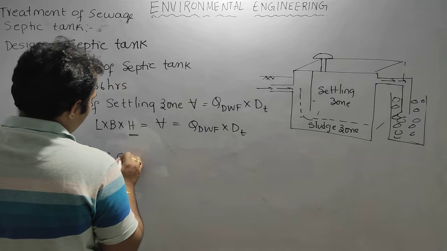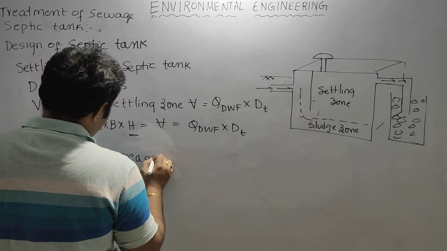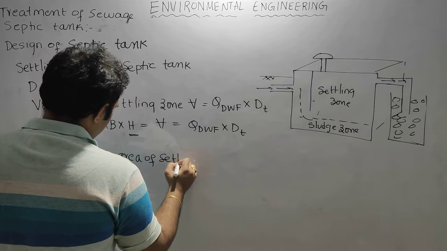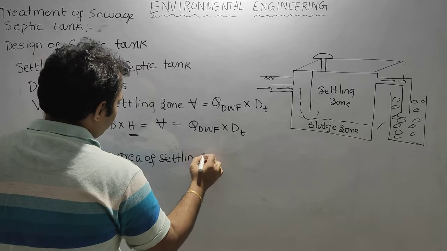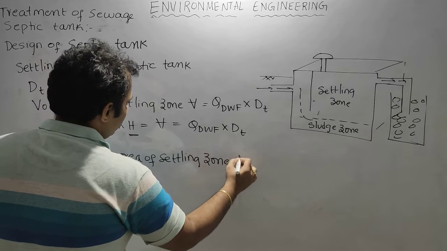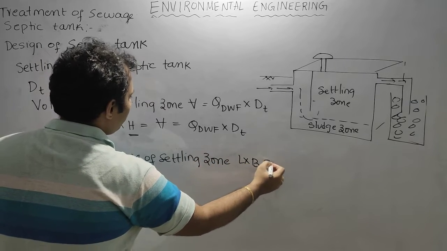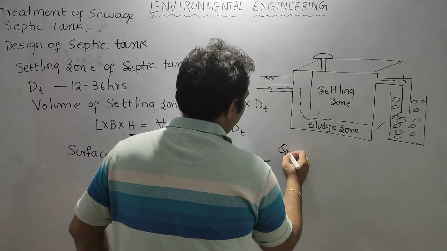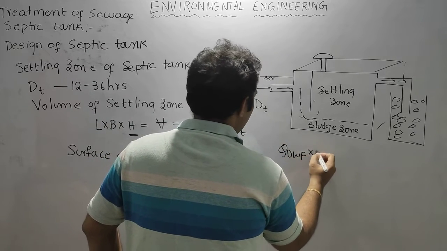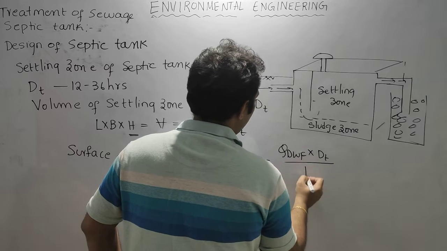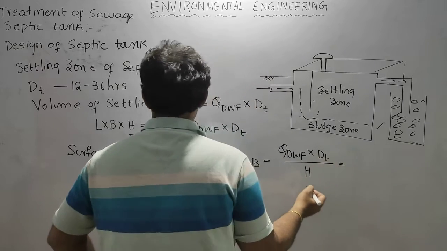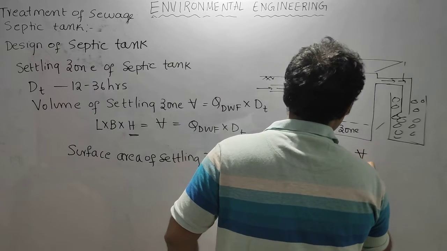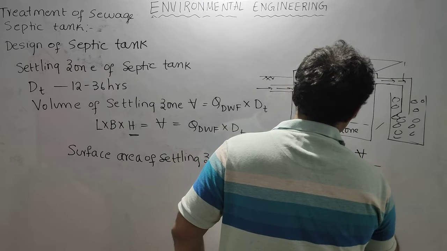Surface area of the settling zone, that is L into B, is equal to Q dry weather flow into dt divided by H, or else the volume divided by the depth of liquid.